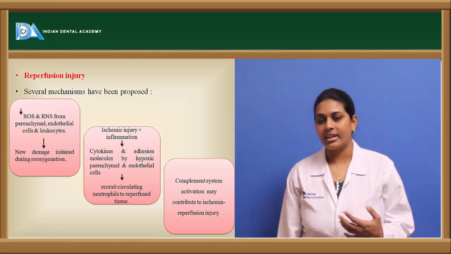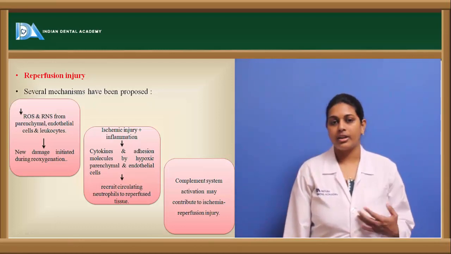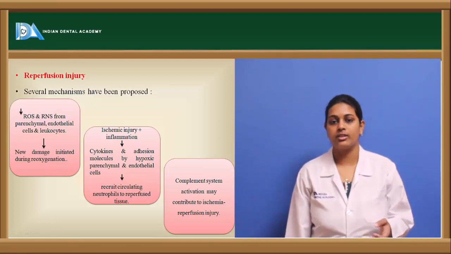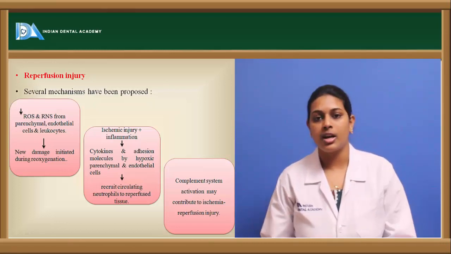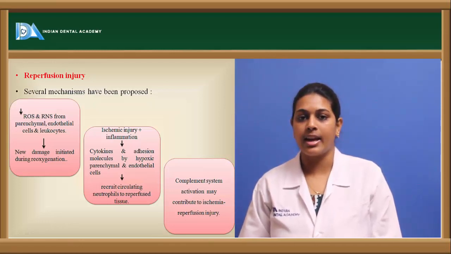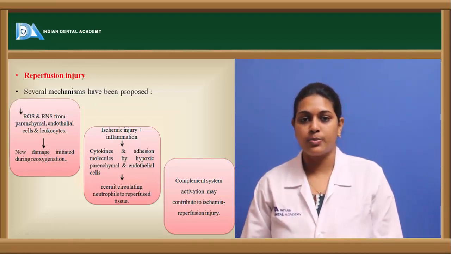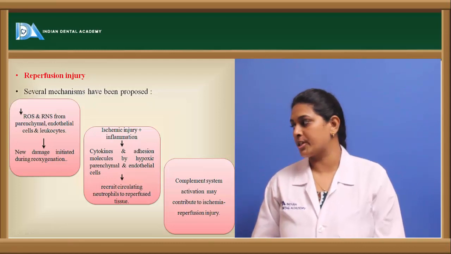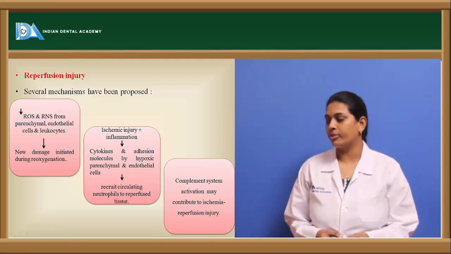So these may create a new damaging process initiated during the reoxygenation. That is, the area to which oxygen supply is again being supplied can be further exposed to a new damage process because of the reactive oxygen species as well as the reactive nitrogen species. This is one of the mechanisms of reperfusion injury.